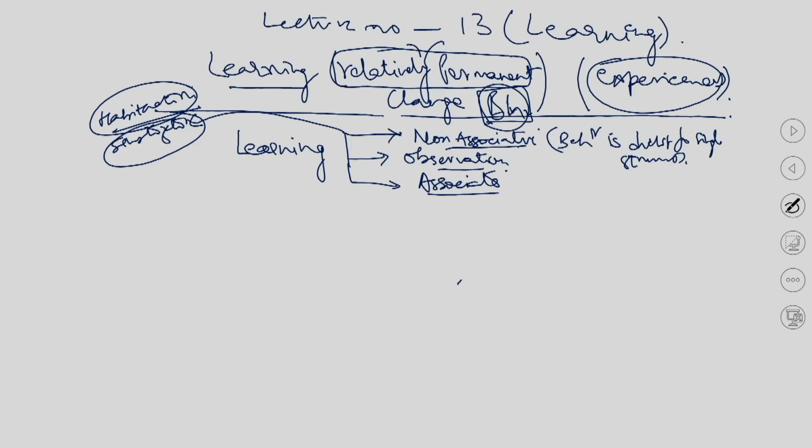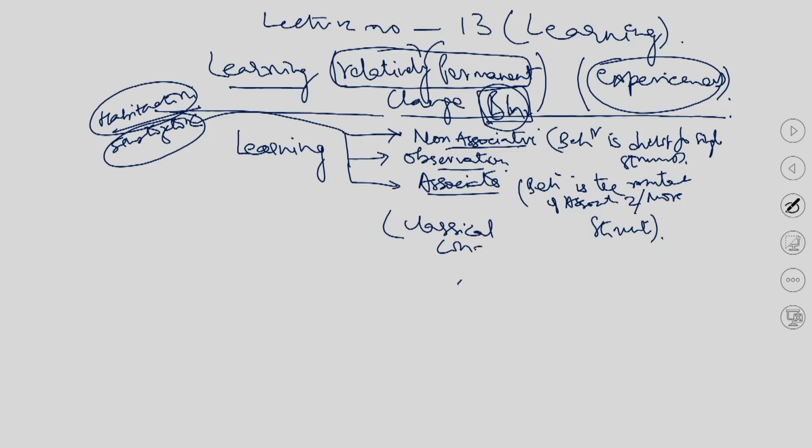In the associative form of learning, behavior is the resultant of associating two or more stimuli. The types of associative learning are classical conditioning and instrumental conditioning.